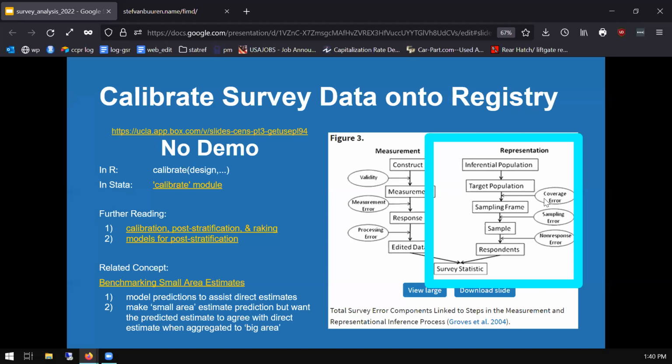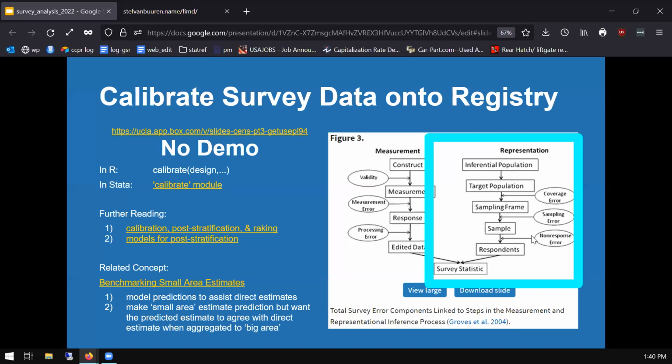But calibration is all just a technique. It's a post-processing technique, which some people could also use for this mismatch between the 50 people you sampled, 20 people respond, 30 people don't. You use calibration to redistribute the 30 non-responding row weights to the 20 people that do respond.